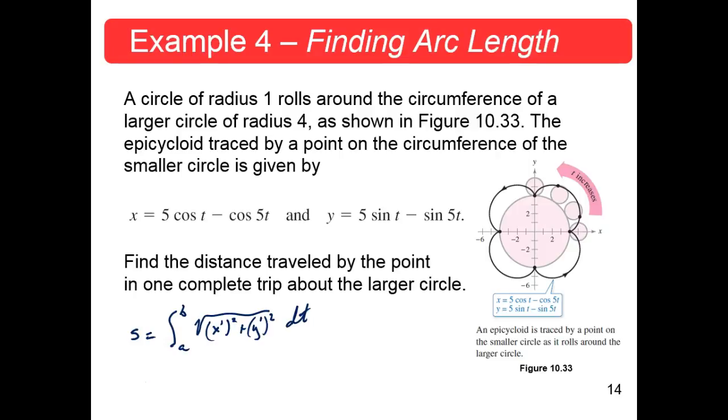Sure enough, it's starting at 0 there. Now, from this point to that point, your x is going from 4 to 0, and your y is going from 0 to 4.